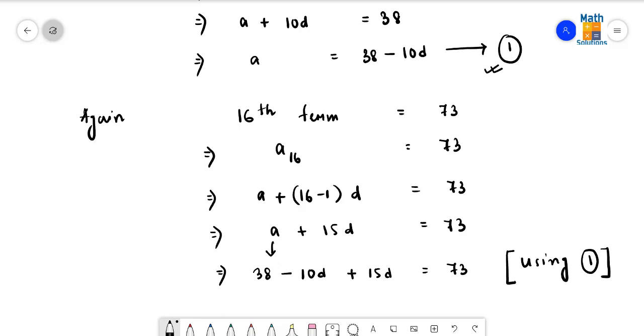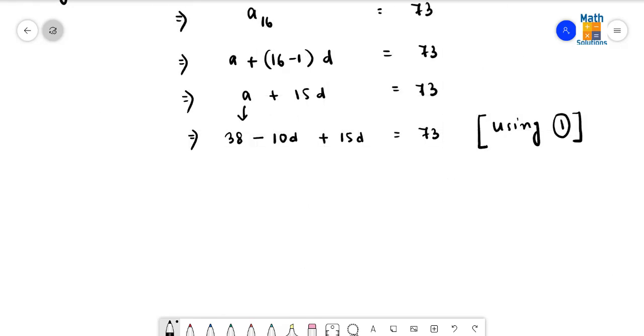So coming to the later part, I shall get here 15d minus 10d, the result comes as 5d, that is equal to 73 minus 38. The result comes as 35.